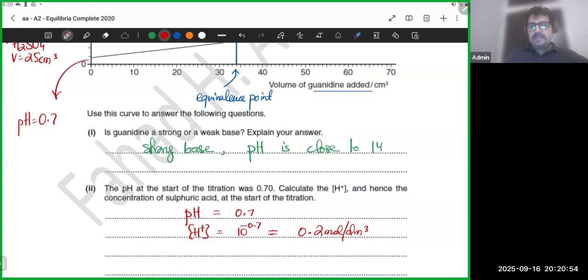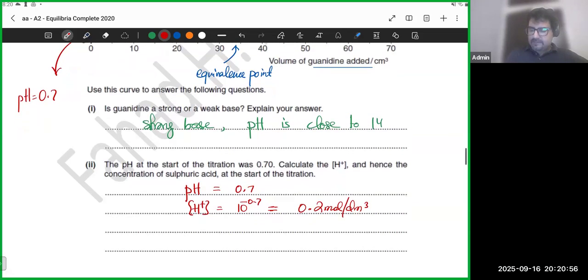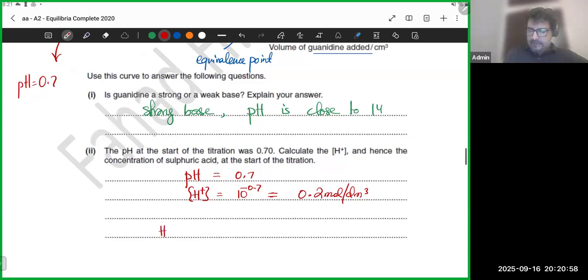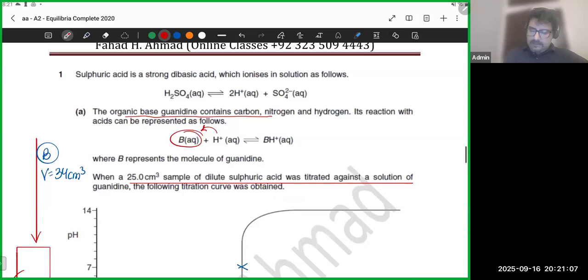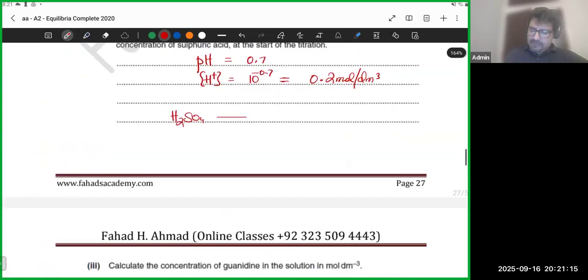And hence, calculate the concentration of sulfuric acid. Now, the first thing you need to look at is, did he mention that it doesn't ionize completely?